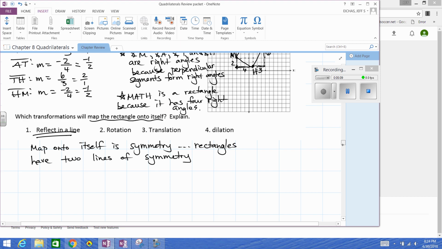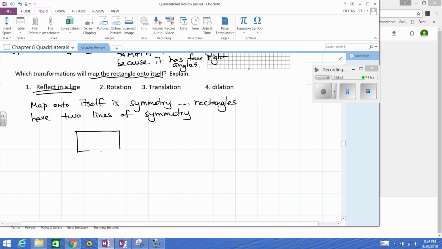So if we have a situation with a rectangle, okay, that's what it's going to look like. Good enough. I mean, it just said which. It didn't say be specific or tell which the lines are. So I'm not going to get into that. Okay, that's good enough.